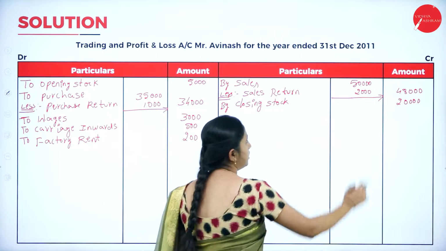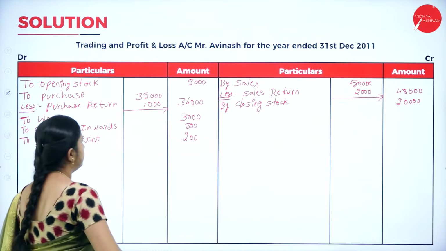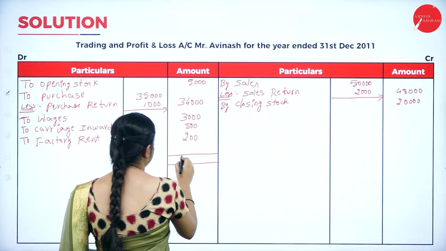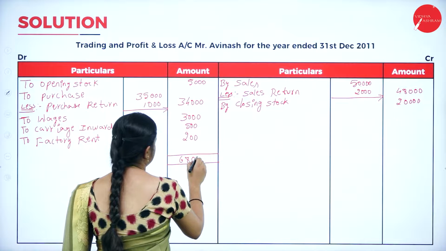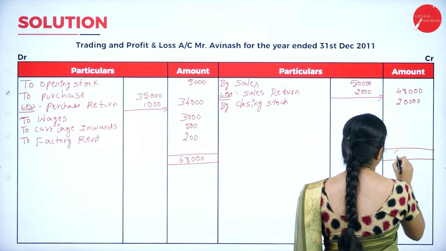Now make a total: 48,000 plus 20,000, 68,000. Here 68,000 is more, so write 68,000 on both sides.